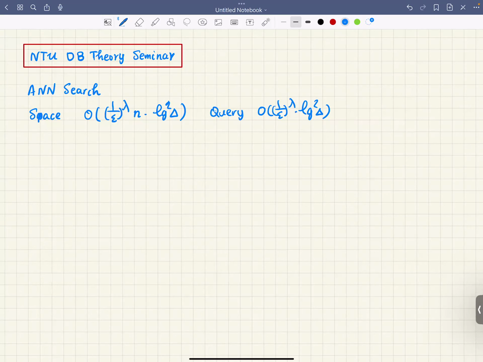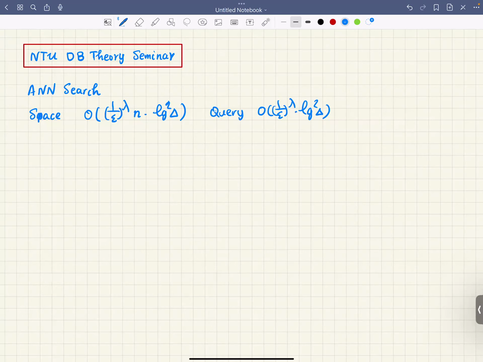As you can see, it's very easy to come up with some criticism against these bounds. For example, potentially the biggest criticism that people can come up with is this lambda term there. You can see that this is exponential dependence, so it implies that this thing will work only if lambda is small.